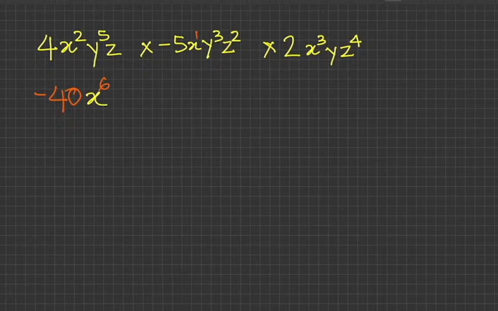And then y: 5 plus 3 is 8, 8 plus 1 is 9, right? And then I have z to the power 1, so 1 plus 2 is 3, 3 plus 4 is 7. Yeah, this is your product.